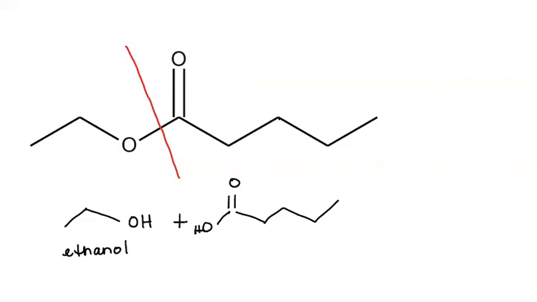What is the name of the carboxylic acid that we have here? It has 5 carbon atoms. What is that called? Great job, you guys. This is pentanoic acid.